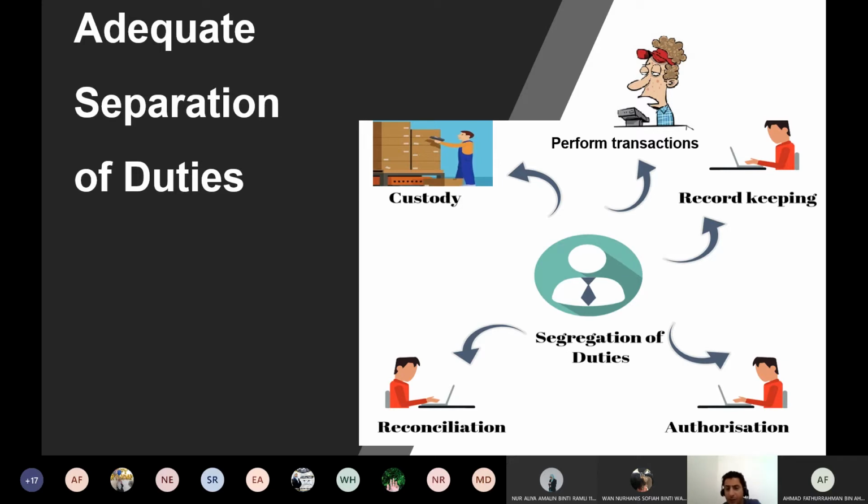This one should be separate. And then we have the authorization, the one who authorizes this transaction, especially in terms of paying cash, or doing payment to outside. So there should be authorization, or the credit limit authorization, and so on, if we sell on credit.